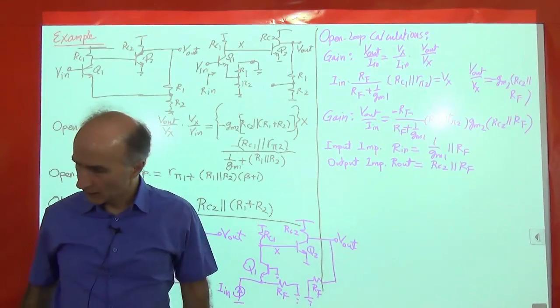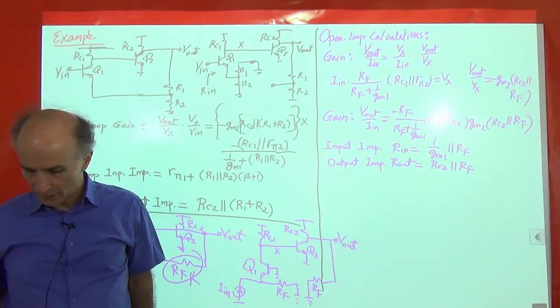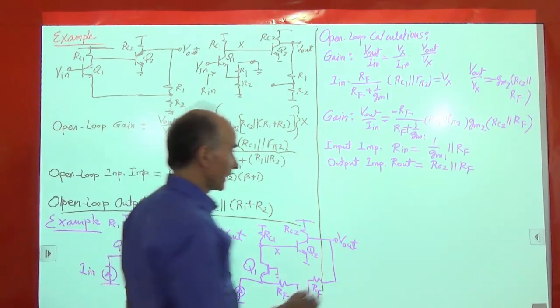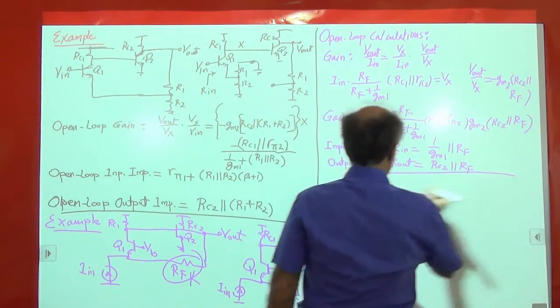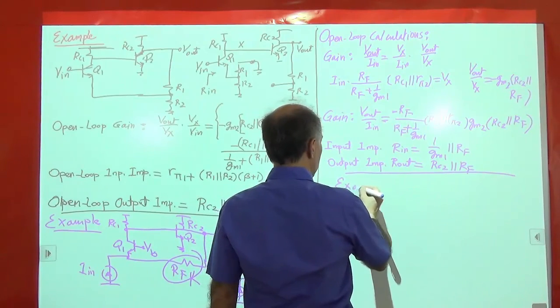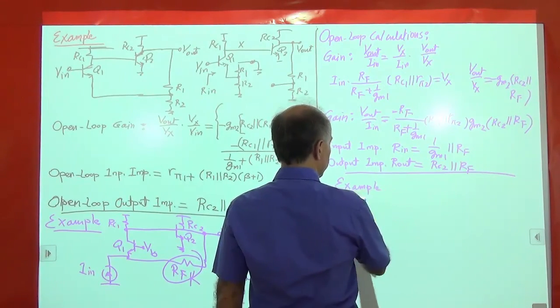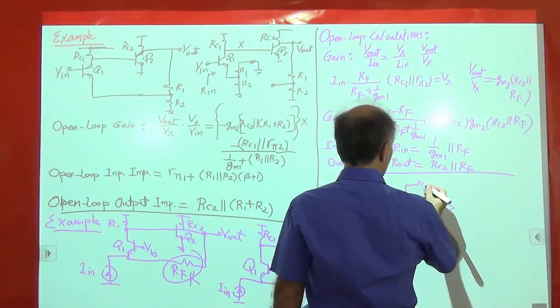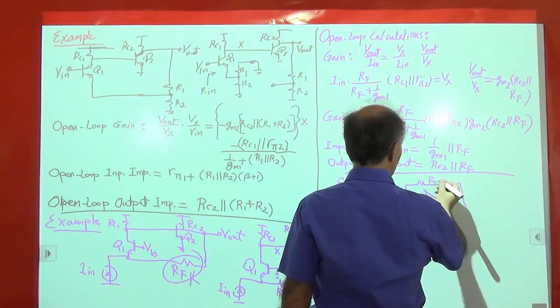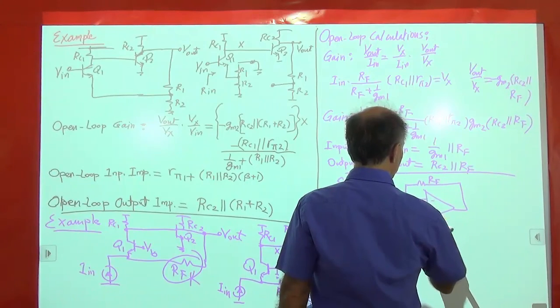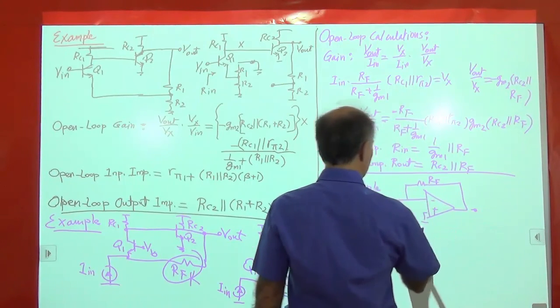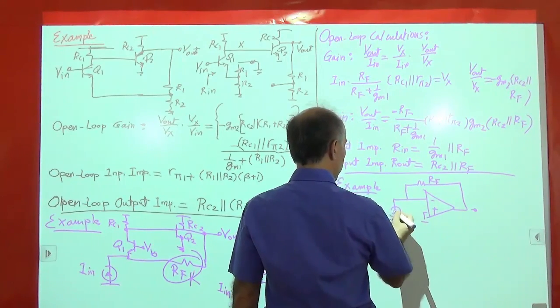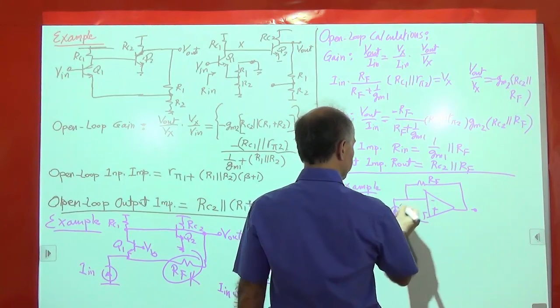So let's see here. Okay, so one other quick example, just so we are clear. Here's another transimpedance amplifier, RF, right? That was sort of puzzling to us. And how do we open the loop here?